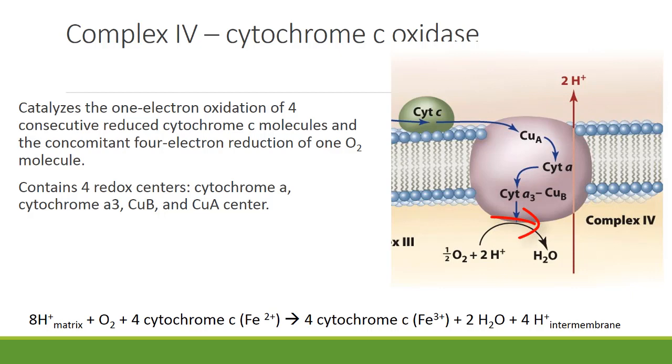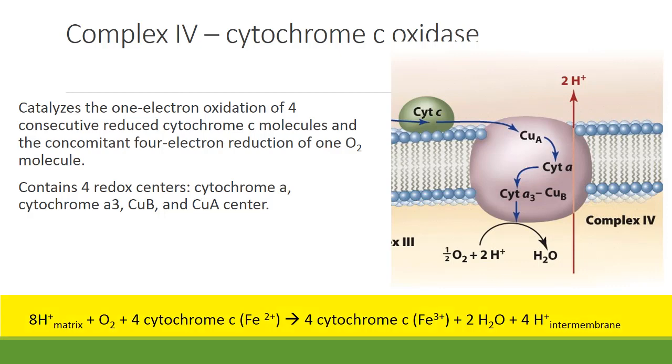The first protons from the matrix are used to form water upon the reduction of O2, and then the 4 electron reduction reactions translocate an additional 4 protons out of the matrix into the intermembrane space. Therefore, for each molecule of oxygen that we reduce, the matrix loses 8 positive charges. Again, we'll see why this matters when we talk about oxidative phosphorylation.